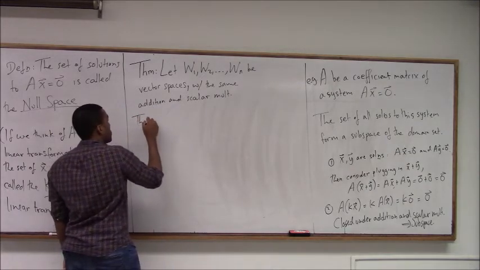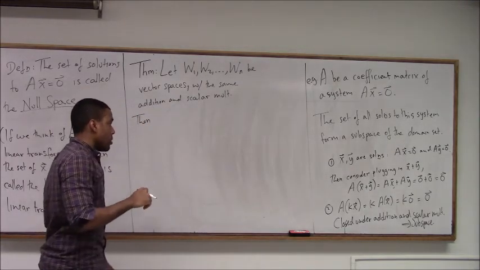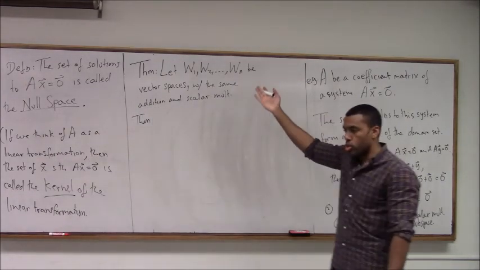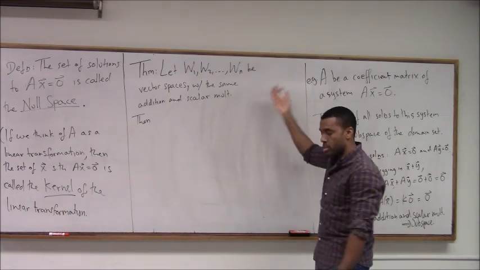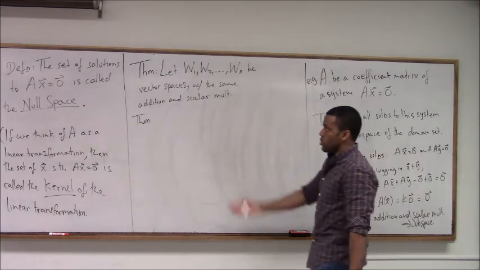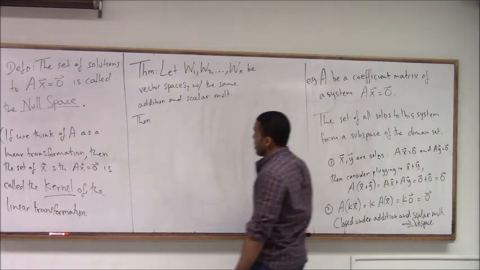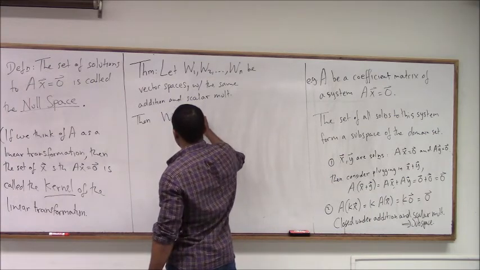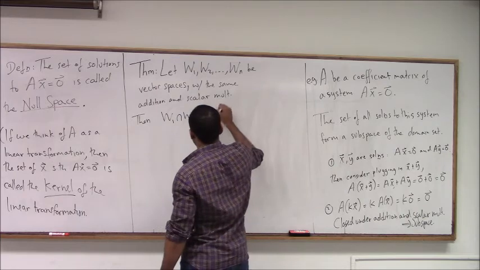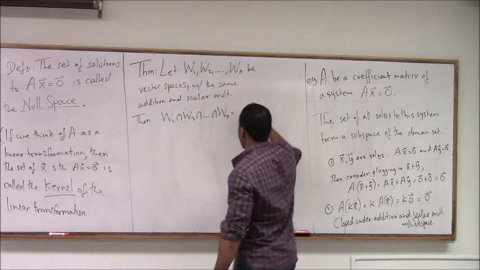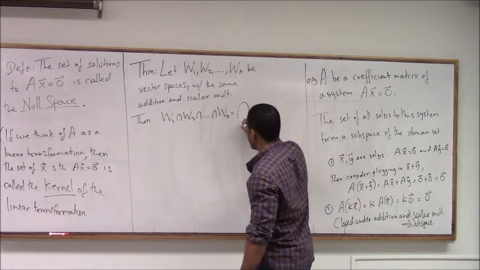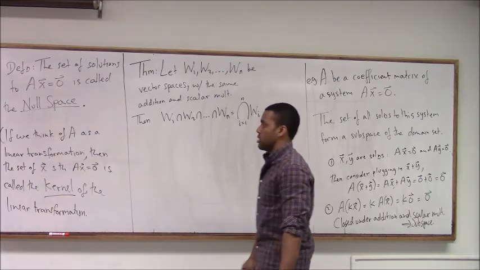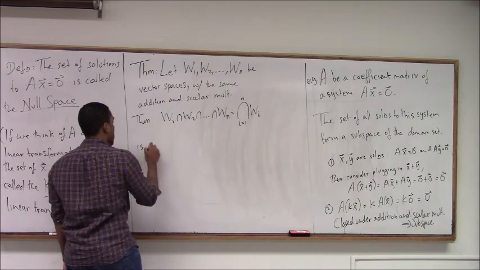Then it turns out, right, so these are all vector spaces. These are groups of things that obey the 10 vector space axioms with respect to some operation. Then if I take the intersection of all of them, which sometimes they might write as the intersection from i goes from 1 up to n of Wi, it is a subspace.